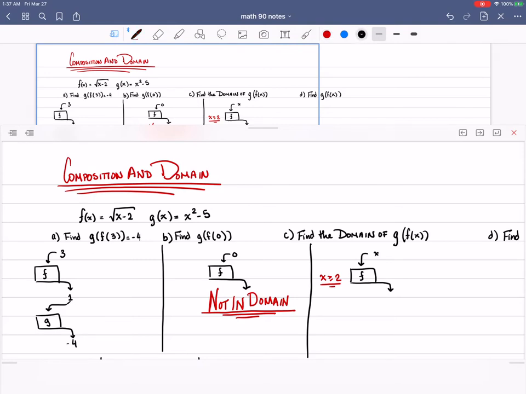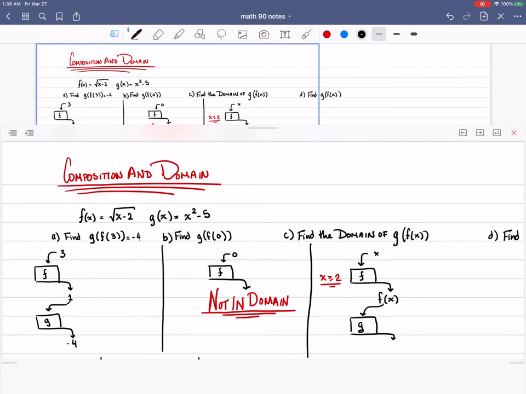And x, if it succeeds, meaning if it is greater than or equal to 2, is able to pass through f, it comes out as f of x, and now it moves on to g. g has the same sort of interaction with its inputs. It says, hello, come in. You can only pass through me if you are in my domain. Except in this particular example, g is a quadratic function, x squared minus 5.